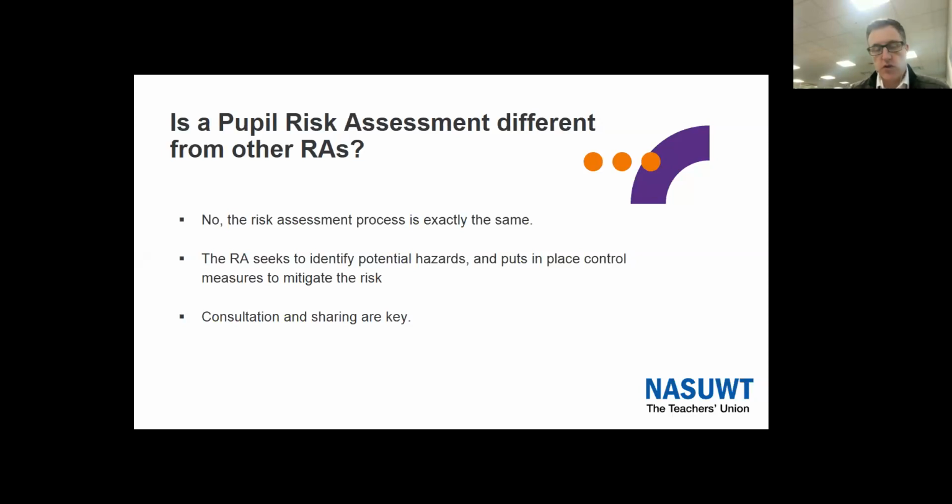So it's probably not going to be just the teachers who teach the pupil directly, whether that's in the class in a primary school or in the subjects in a secondary school. Because of the way schools operate, that pupil could have interactions with any member of staff in the building. So it needs to be shared with all the teaching staff, but also all the support staff, including reception staff, cleaners, literally anyone who could potentially come into contact with that individual.